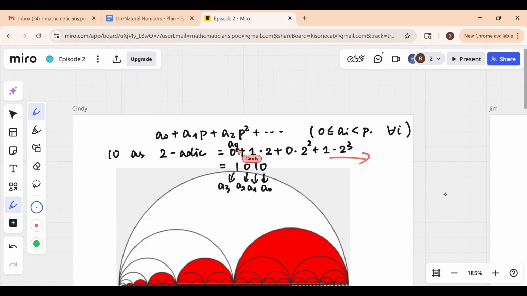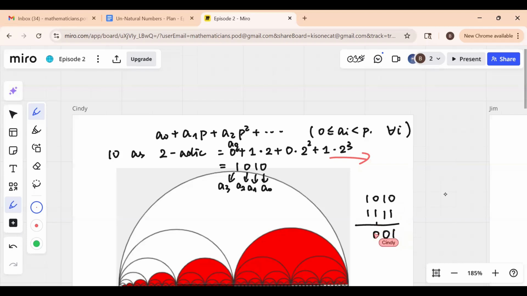Addition and subtraction are done the normal way, like we learned in primary school. For example, if we have 1, 0, 1, 0, and another number like 1, 1, 1, 1, it's going to give us 1, and then 1 plus 1 is 2, but we're doing mod 2 here, so it's going to be 0, and then we need to carry on.